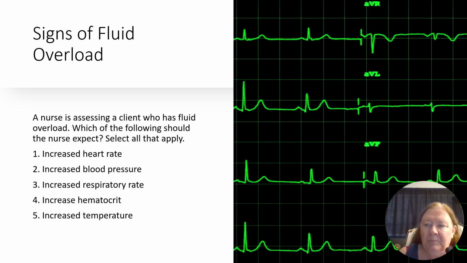Okay, on to number 3. Increased respiratory rate. Yes, you will see increased respiratory rate. The nurse would expect to see increased respiratory rate for a client who has fluid volume excess or fluid overload. Same thing, means the same thing.